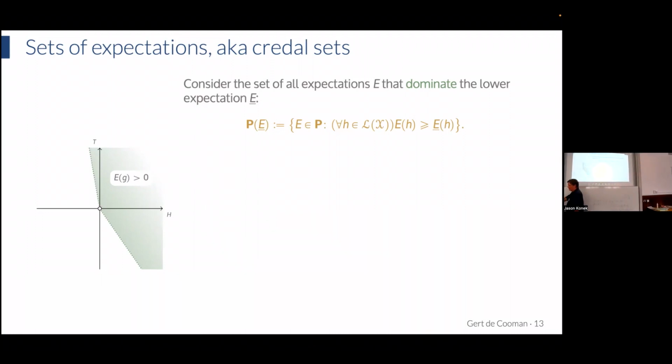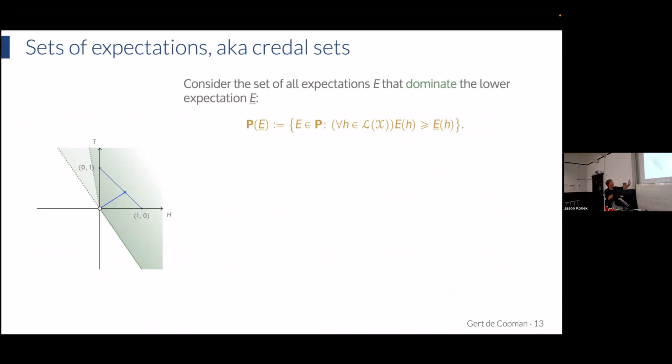I might just as well use the cursor here. So again, I've drawn the simplex here, the probability simplex. All the mass functions are points on this line. In this case, I'm looking at an expectation operator which corresponds to a semi-space, so a green area here, this area.